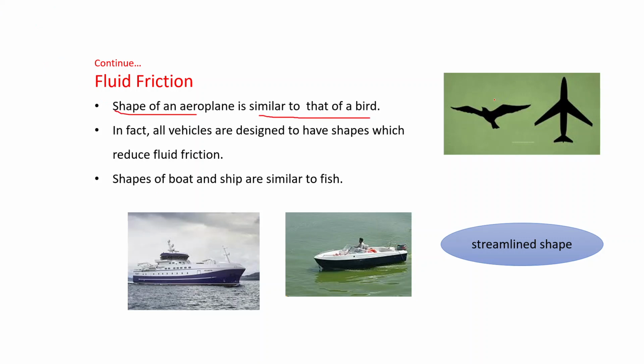You can see this is the aeroplane, similar to the shape of a bird. In fact, all vehicles are designed to have shapes which reduce fluid friction. Shapes of boat and ship are similar to fish. Again, you can see this is a ship, this is a boat, and these shapes are streamlined shapes.